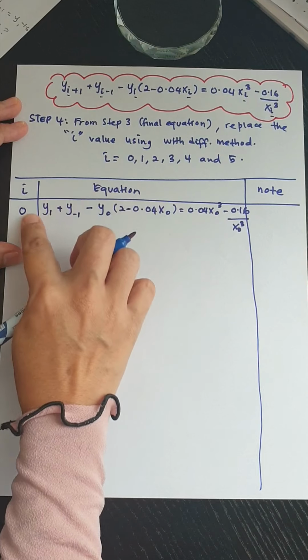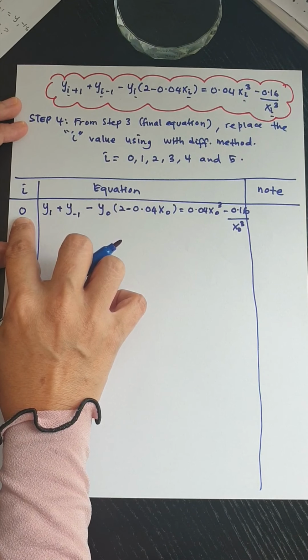This is the equation after you replace all i with 0.